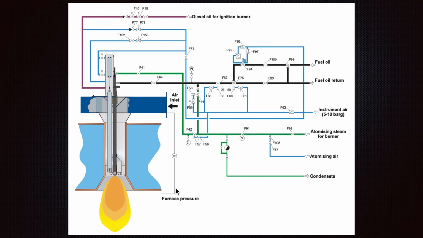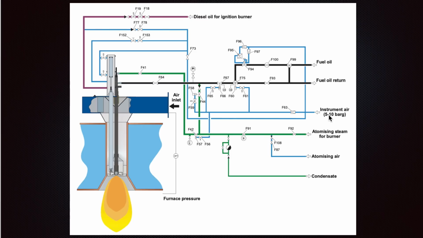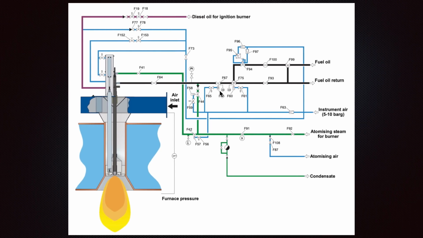So the first thing is to verify that everything is clear, that your boiler and equipment receive the proper information, you have the proper adjusted pressures for the atomizing steam and instrument air, the proper fuel pressure, the proper fuel temperature, enough diesel, and all your settings are in the range given by the manufacturer.